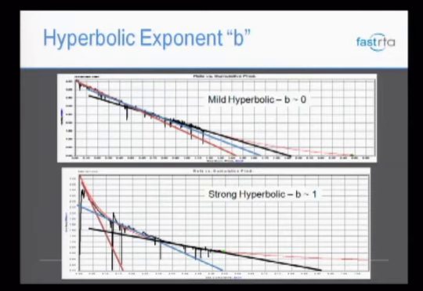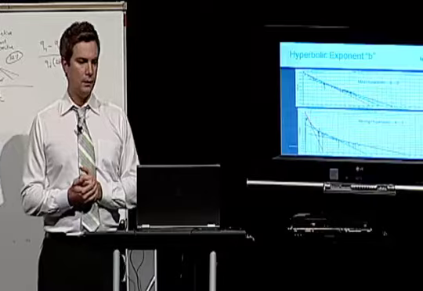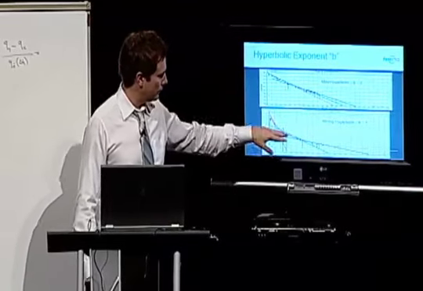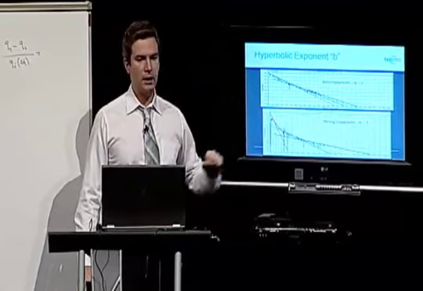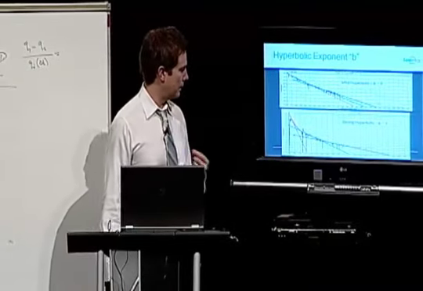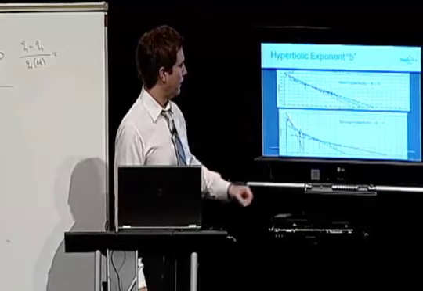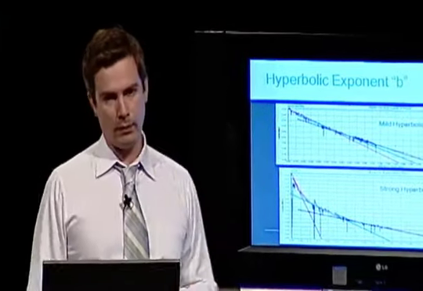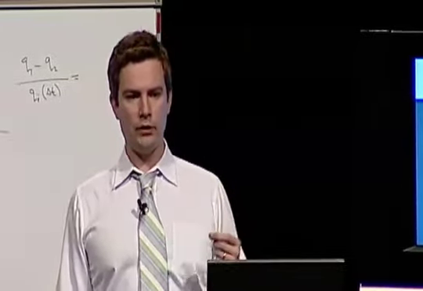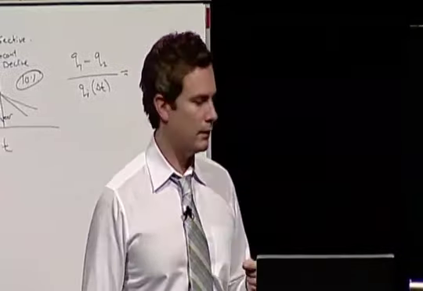Okay, these shapes are shapes that are actually seen in different types of production that we see. For example, many of you have seen tight and unconventional gas or oil. When we have that situation, we tend to get strong hyperbolic behavior. And we'll talk about the reasons for that in a subsequent subject. Many wells exhibit mild hyperbolic behavior. So a lot of this, deciding how to apply these different decline curves is based on the observations of the data itself. What do you see in the data? Therefore, what am I going to apply in here?